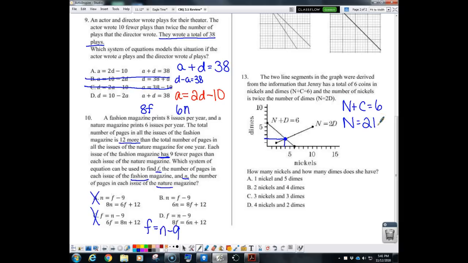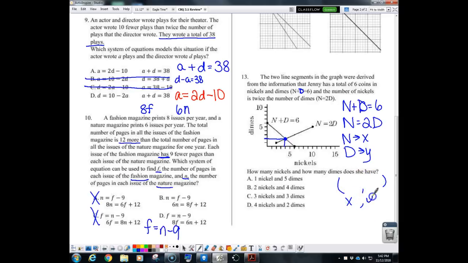Wait, that's not right. N plus D, sorry, that should be D. N plus D equals 6 and N equals 2D, right? You have to replace the nickels with X, the dimes with Y, right? Once you put this into decimals, you get your solution.